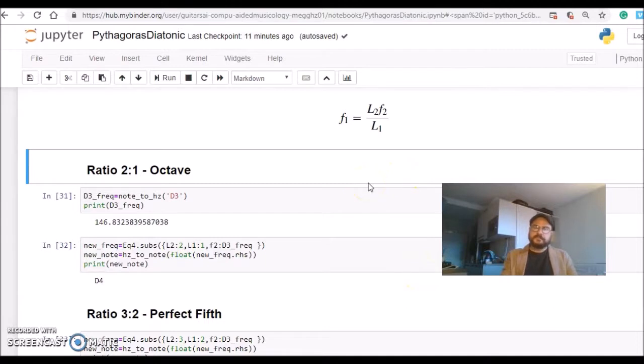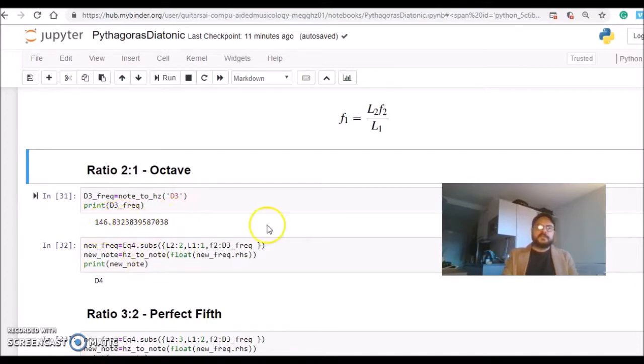In fact, it was so pleasant that he decided that it should have the same name. This note should be the same, just in a different octave. So here, for example, we're just defining a note, which is the D3. This fundamental frequency is 146.